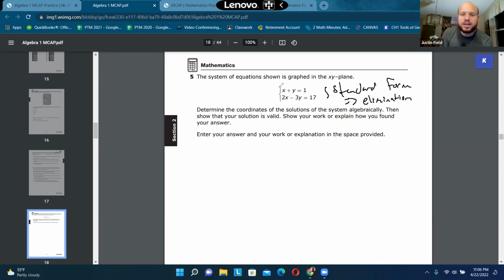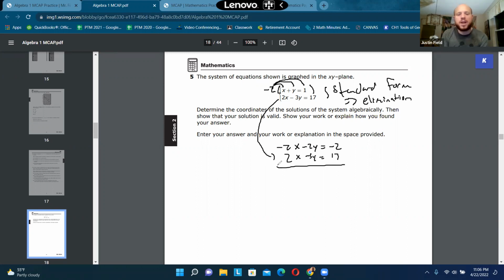So what I'm saying is if I multiply the top by -2, then my X coefficients would be opposites. So let's do that. So then the top equation becomes -2X minus 2Y equals -2. Rewrite the bottom equation: positive 2X minus 3Y equals 17.